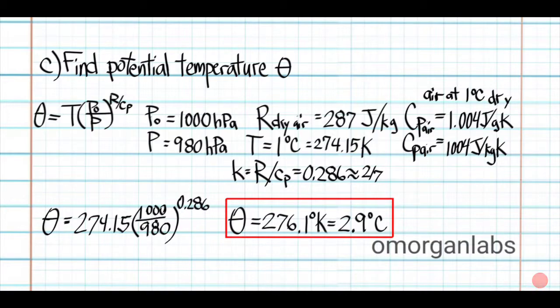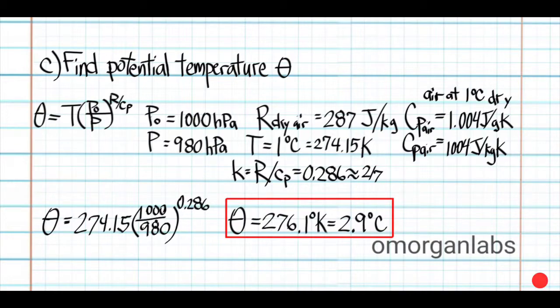So you just multiply the chart value by 1,000 to get 1,004. All right, so you skip down over here and you get the R over CP is 0.286 or 2 over 7. Okay, you may see that in your textbook. K is 2 over 7.